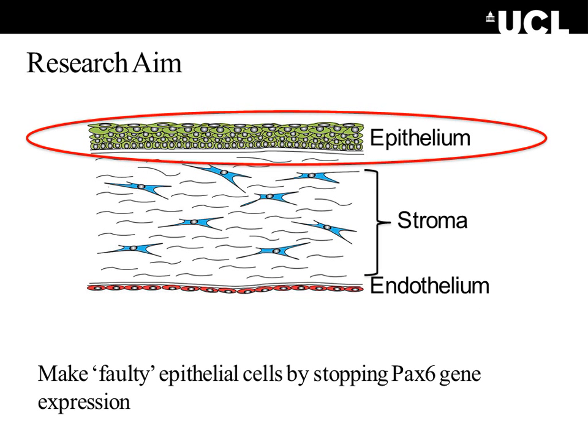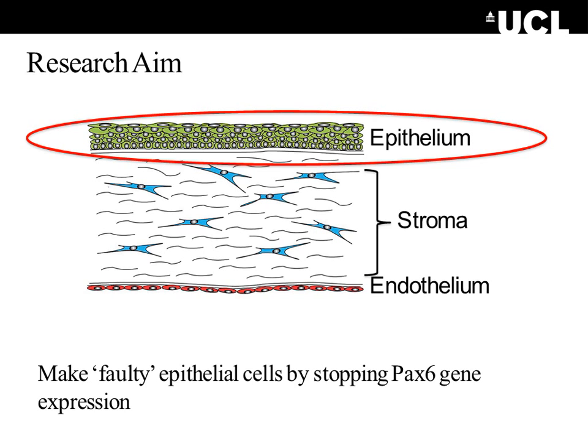So in the lab, we can grow all 3 types of corneal cells, and we do this routinely. And we can do this by growing them from human donor tissue. So we have a system where we can grow human corneal cells in the lab.